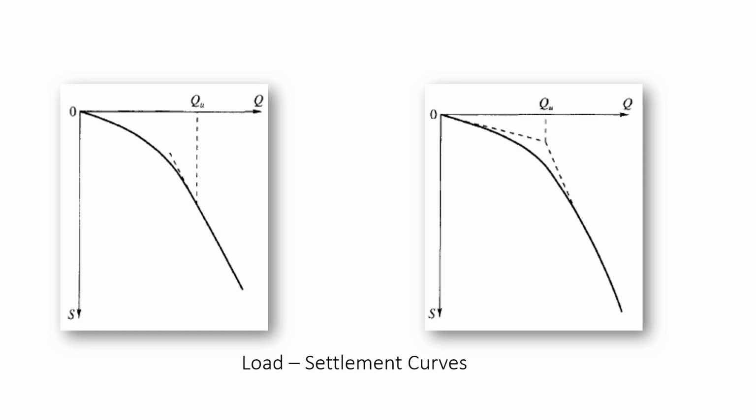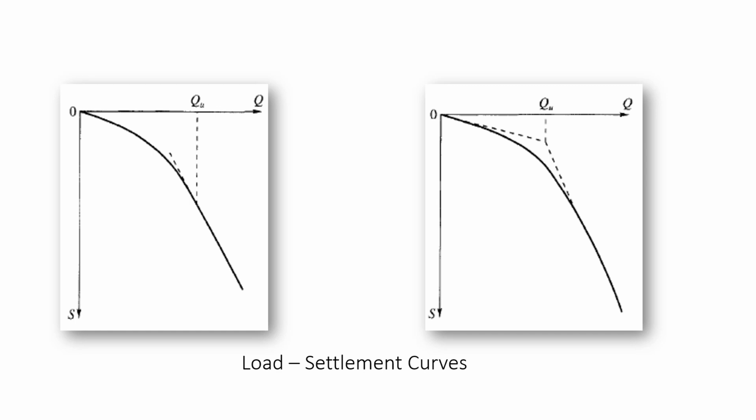Now, this is a normal load settlement curve. Here I have taken only the loading part. How can you find the ultimate loading capacity? If it's a sharp curve, that is, there's a sudden change in the slope, you can take that to be the ultimate bearing capacity.